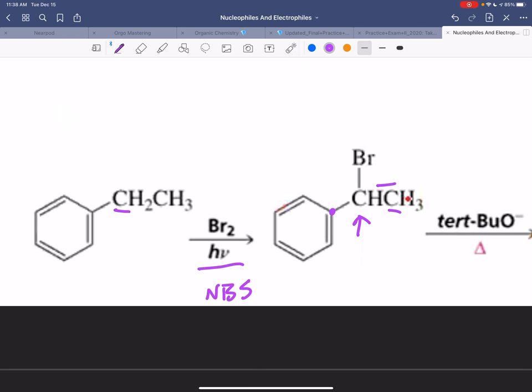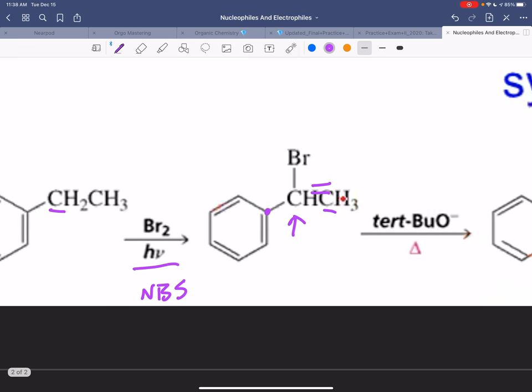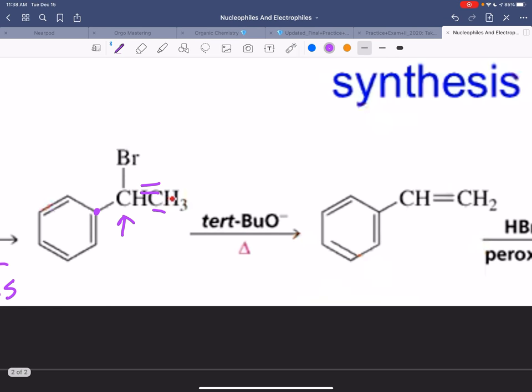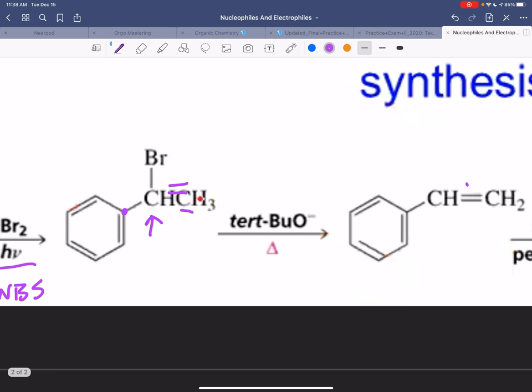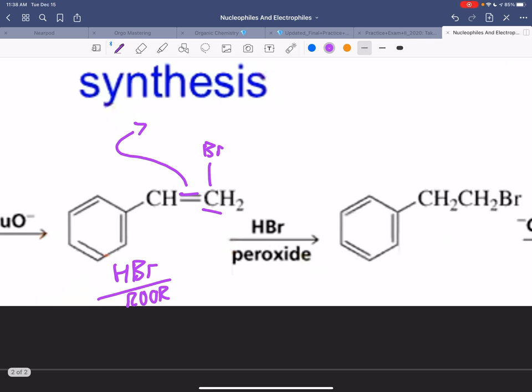It's going to eliminate and give us this, which we can see here. So now we have a nucleophile to work with, and getting a bromine on the end of this would be great. So to get an anti-Markovnikov bromine, which would be here, we would add HBr in the presence of a peroxide, which would give us an anti-Markovnikov product, breaking our double bond here, which is exactly what we get.